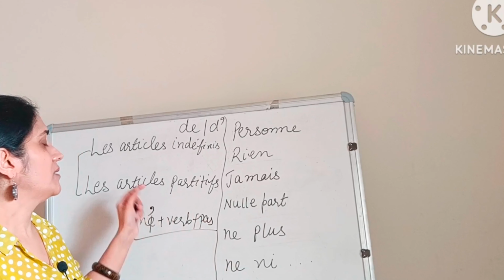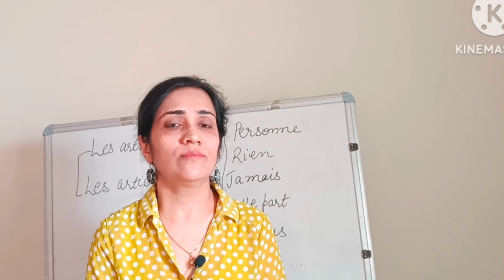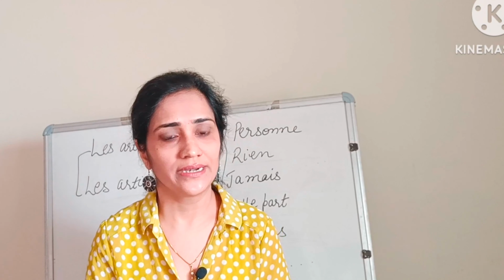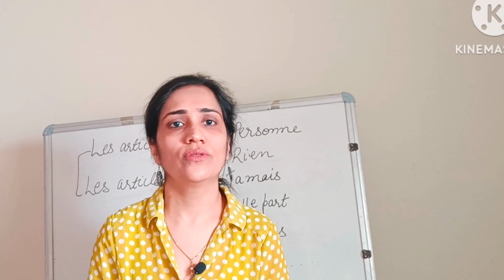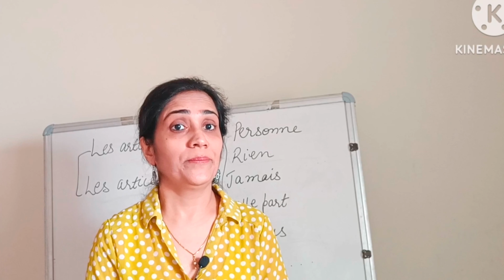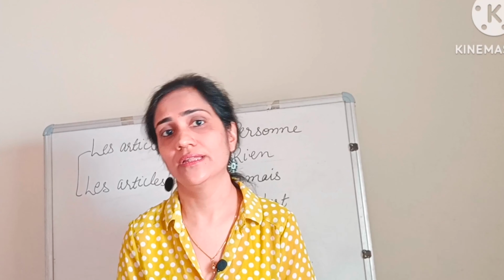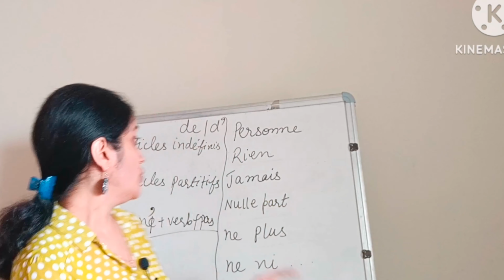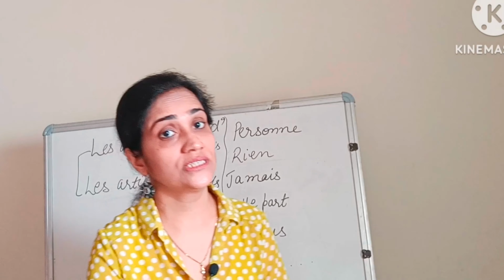Same is the case with the partitive article. If you want to know more about the partitive article, you can click on the I button and have a look at that particular video. In that video I have given the detailed description of the partitive article, how to use it in the affirmative and in the negative. How the partitive article changes in the negative.